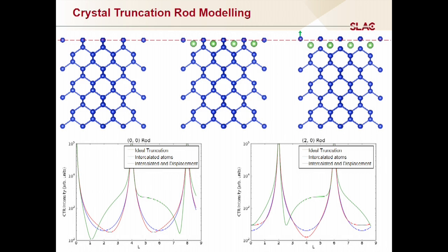It becomes even more dramatic if I take the top layer of silicon atoms and just move them slightly up. So I let them relax out a little bit, and then you get this green curve, which you can see is significantly different from the unrelaxed surface. And so you're very sensitive in this kind of measurement to very, very subtle structural distortions at a surface or at an interface.